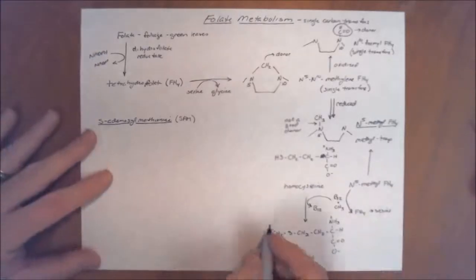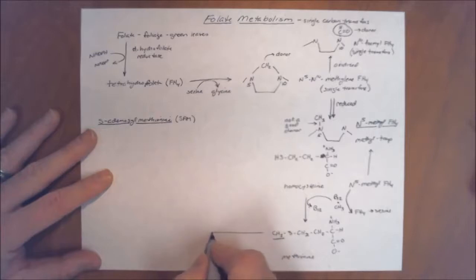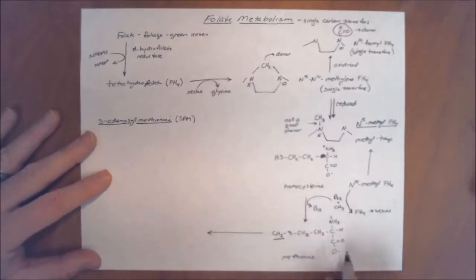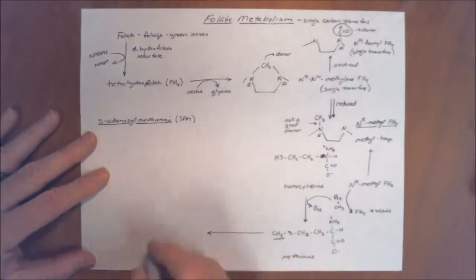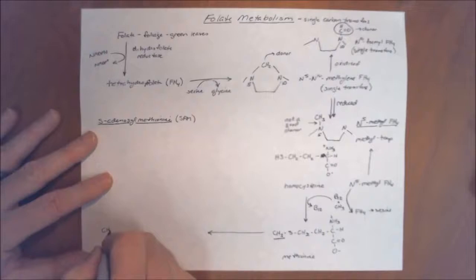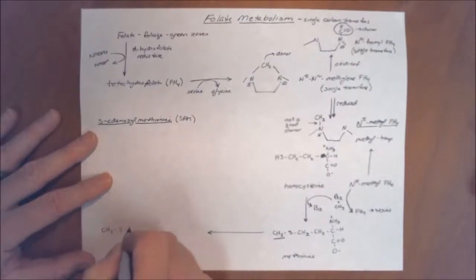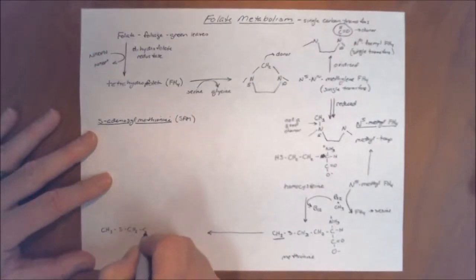Now once we form methionine, we have to continue, because this is a process of building a molecule that can be a one carbon transfer donor. And so in this case we are going to take the methionine and modify it with adenine.